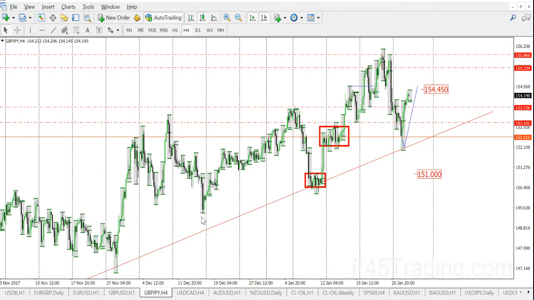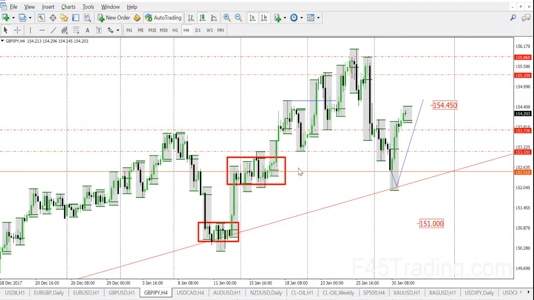I did a lot of analysis on it, but I was like, I don't really want to take the trade. I think my thoughts were probably because there's another consolidating area down here, and I wasn't sure if price was going to reject off of it, come all the way down, and then go higher. Anyway, that's what happened on the pound yen.